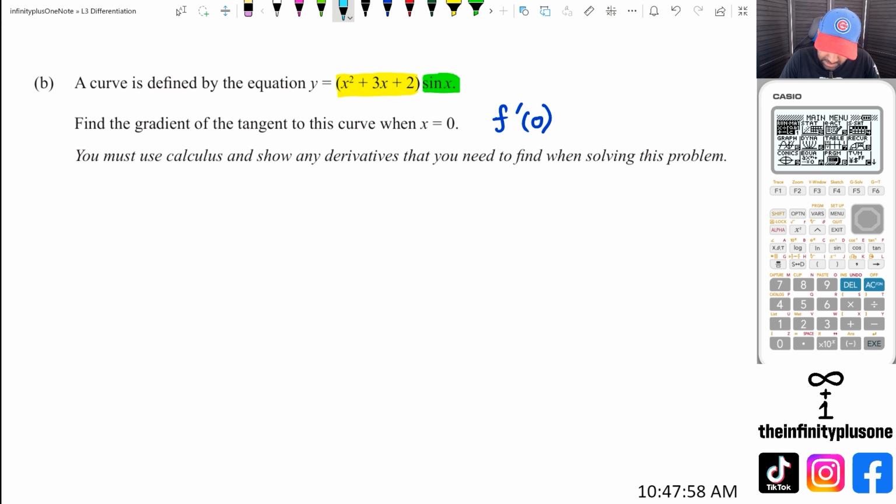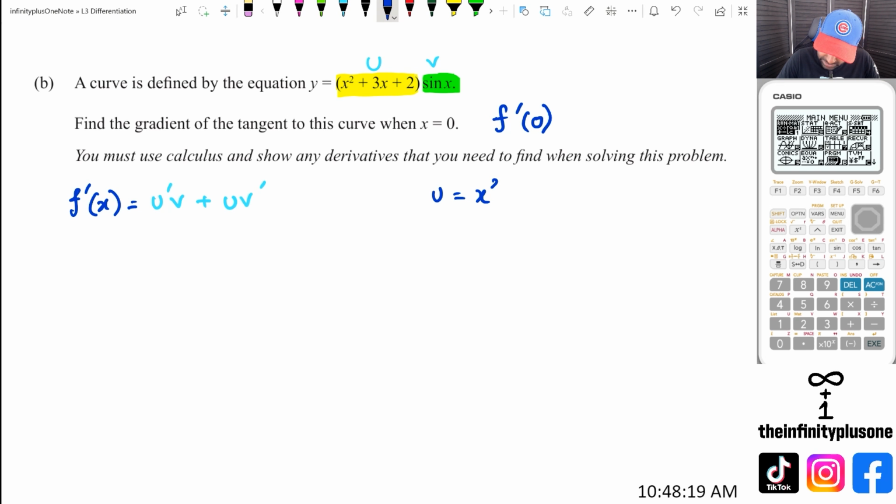So I'm going to write this as u and v. Then f dash of x equals u dash v plus u v dash. Now, you could do it this way, or you might do it a completely different way. As long as you use the product rule, you're pretty much good to go.